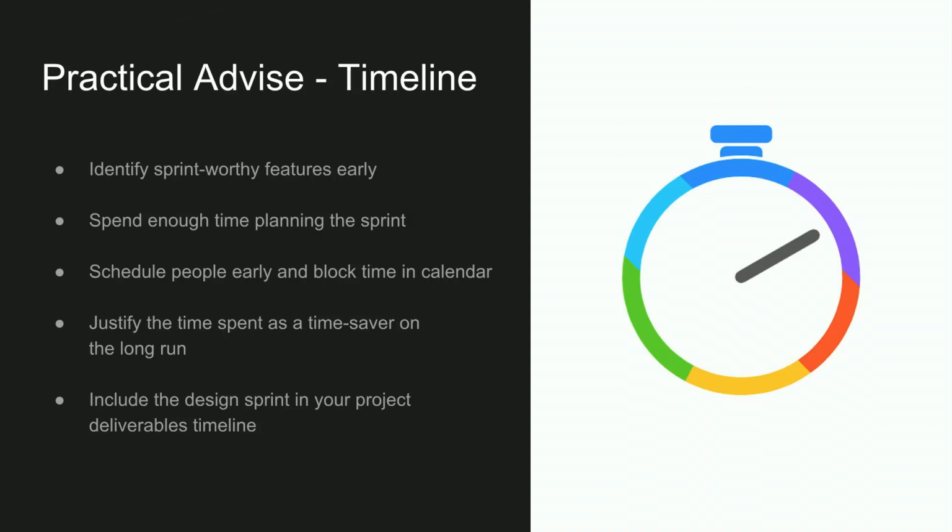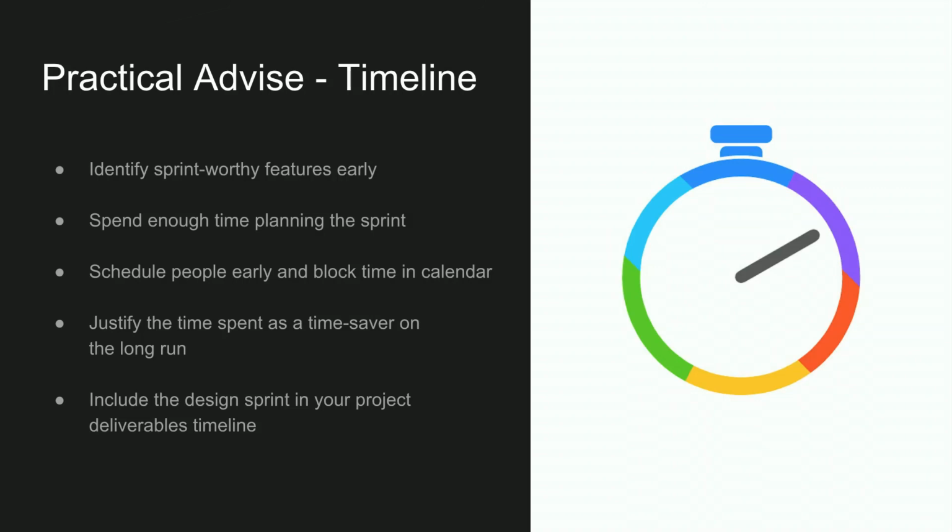Or if you're not the person who's going to facilitate, then make sure that the person you're going to assign to be the facilitator has enough time to plan the sprint, because planning is very important. Again, schedule the people's calendars early, block it, and then make sure that they're not working on anything else.